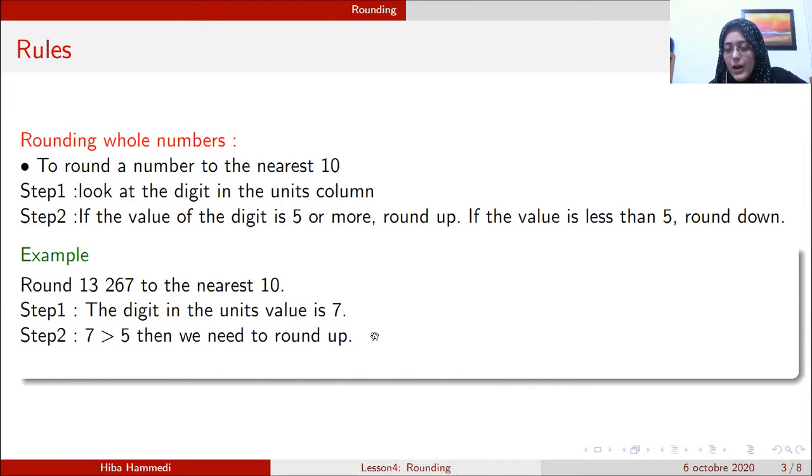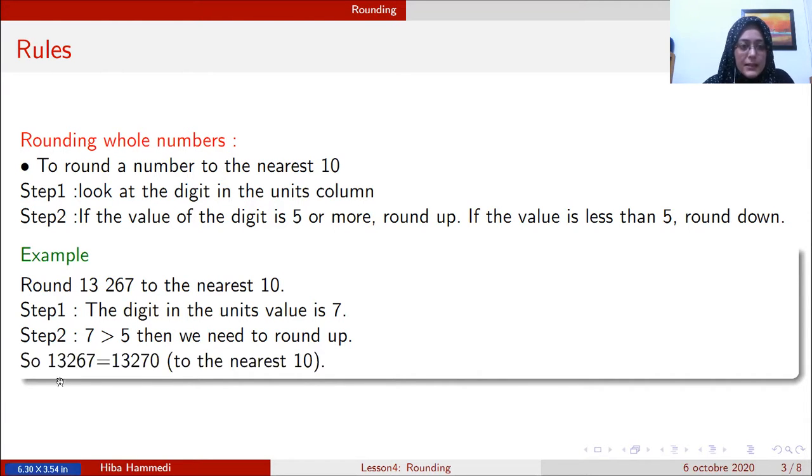So what I need to do here is to round up the number. It means I will add 1 to the 6 here, which is in the tens place, and I will change whatever other numbers are to the right of the tens place to 0.